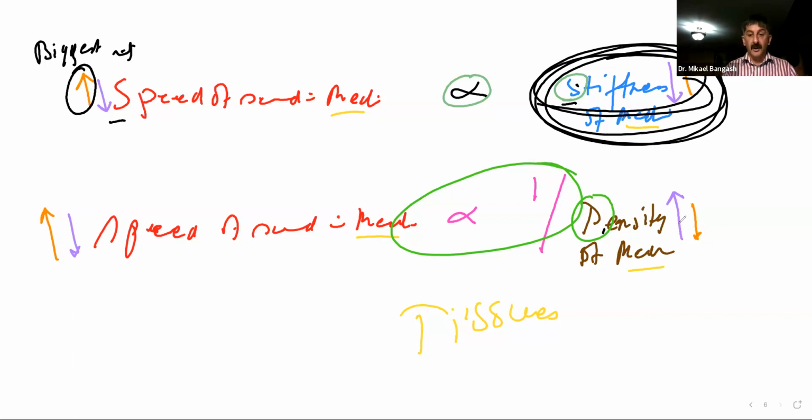Although the greater the density, the more it would decrease the speed, it's still the stiffness of the tissue that determines the propagation speed. Did you girls get that? Any questions?